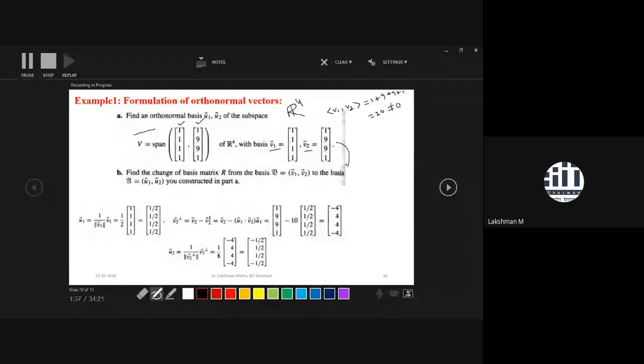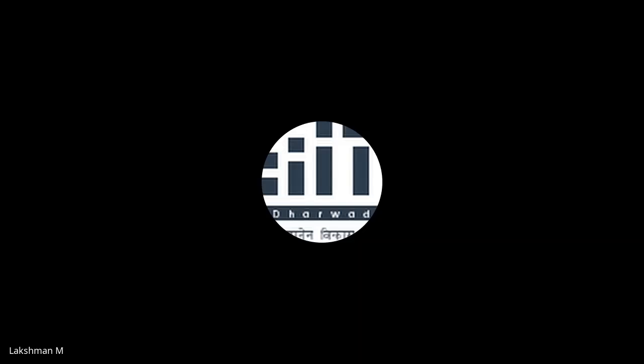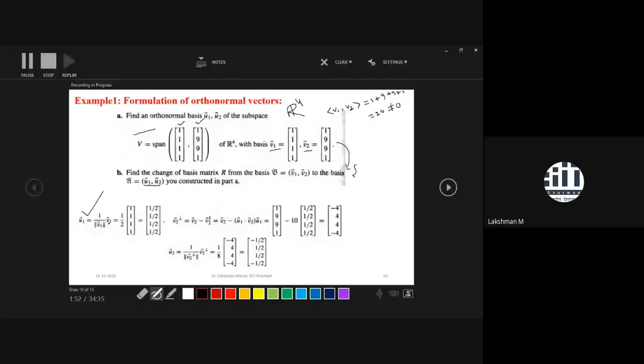Next, we will convert this into U1 and U2, which would be an orthonormal basis. How can we do it? Easily you can get U1 by dividing V1 by its norm.